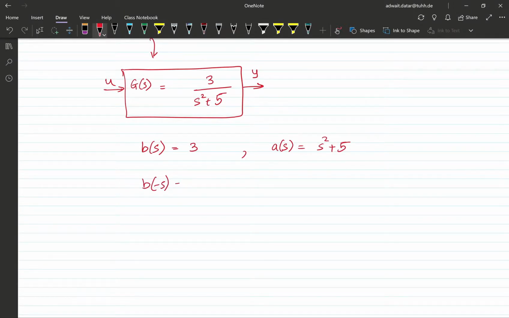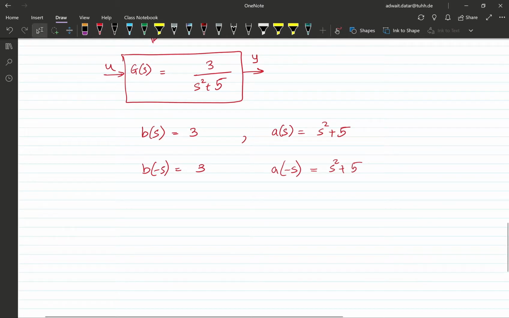So P of minus s is also 3 because this is a constant, and A of minus s is also the same because we have s squared.